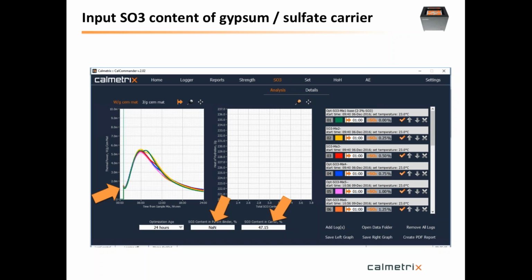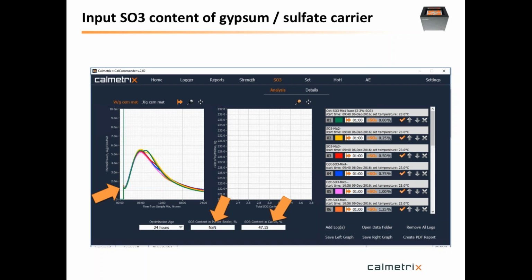And then you have to tell how much sulfate you actually have in your sulfate carrier that you used. So if you use a gypsum, it depends on the purity of the gypsum. If you use a hemihydrate or something else, or a mix of those, or whatever source you have of SO3, you would have to tell the software in the powder that I add how much of that powder is SO3 in percent.